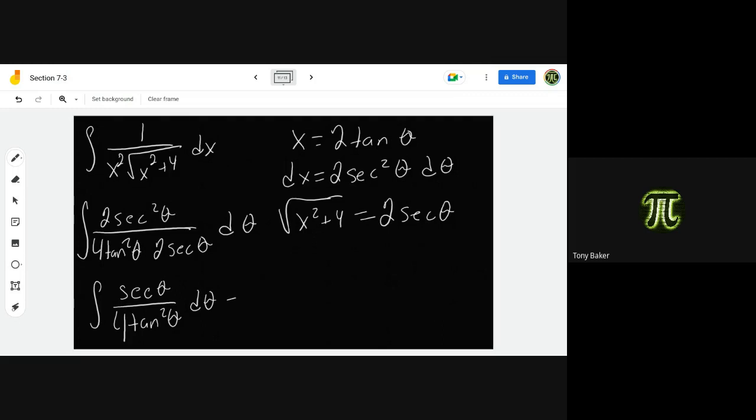So I'm going to pull out the 1/4. Secant is 1 over cosine. And tangent squared theta, if I put it up top, would be cotangent. It is cosine over sine. So I have cosine squared theta over sine squared theta, d theta. So I have cosine theta over sine squared theta.